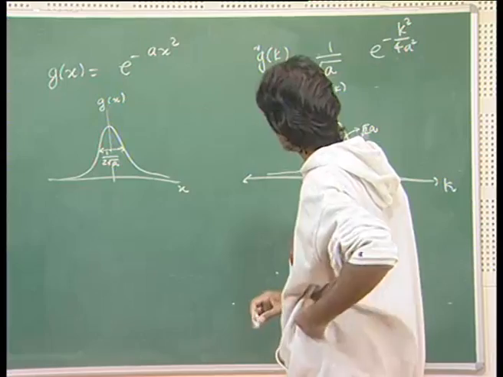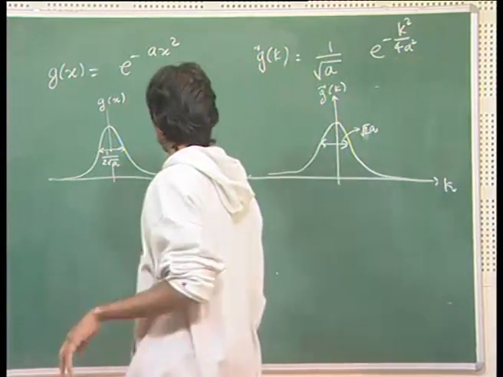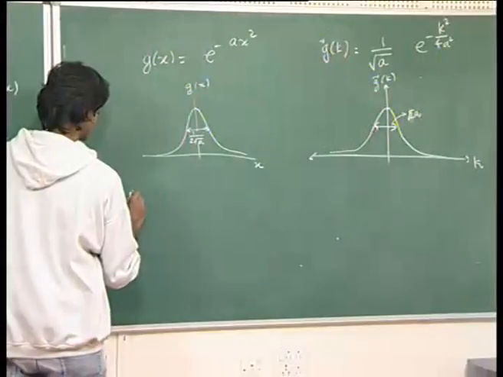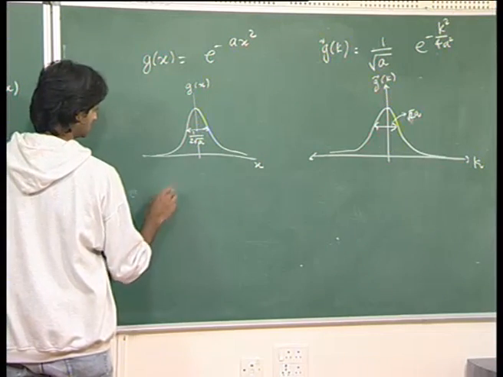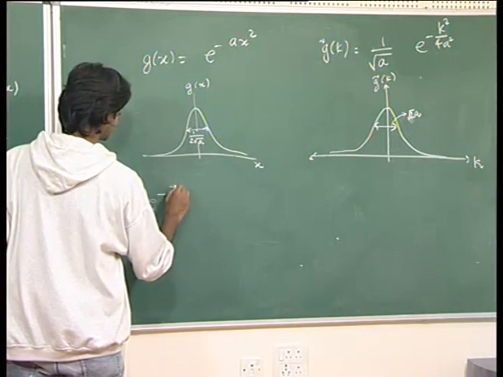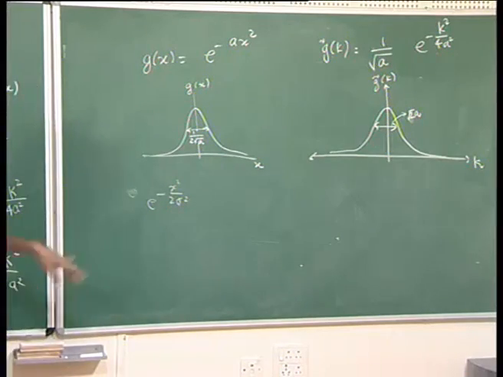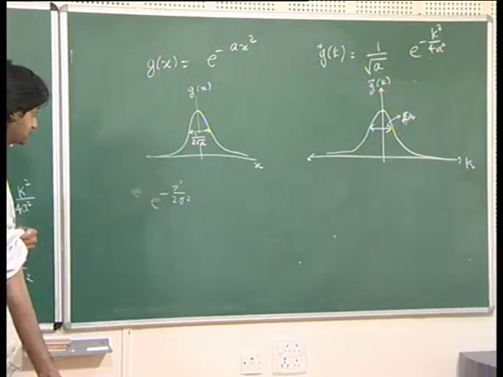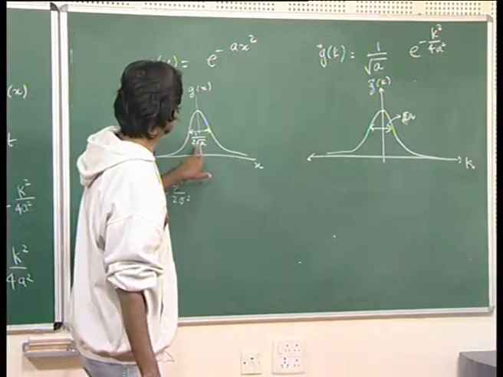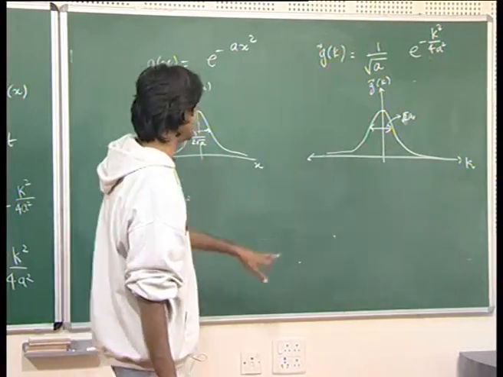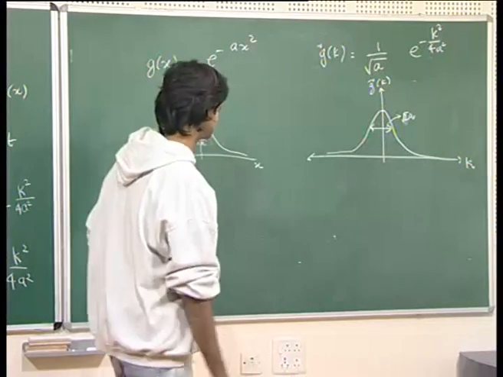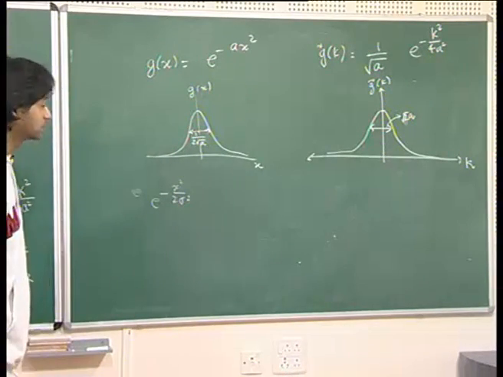Okay. So, the way to find the width of a Gaussian is basically, a Gaussian function is represented by e to the minus x square by 2 sigma square, where sigma is the standard deviation or the width at half maximum. Okay. So, in this case, this width is 1 over 2 root a. In this case, the width is root 2a. Okay.